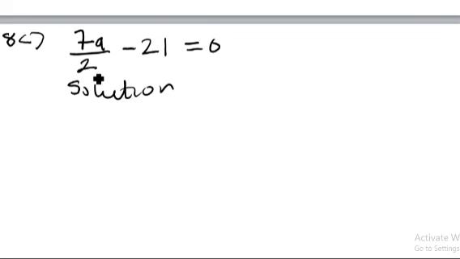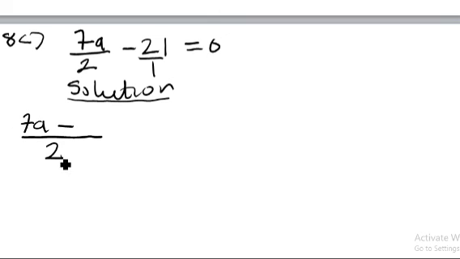Here, the same way I solved it, LCM, let's assume there is a 1 here. LCM of 2 and 1 is 2. 2 here, 1 multiplies 7a is 7a, minus 2 multiplying 21 is 42, equal to 0. 2 multiplied by 0, you have 0.